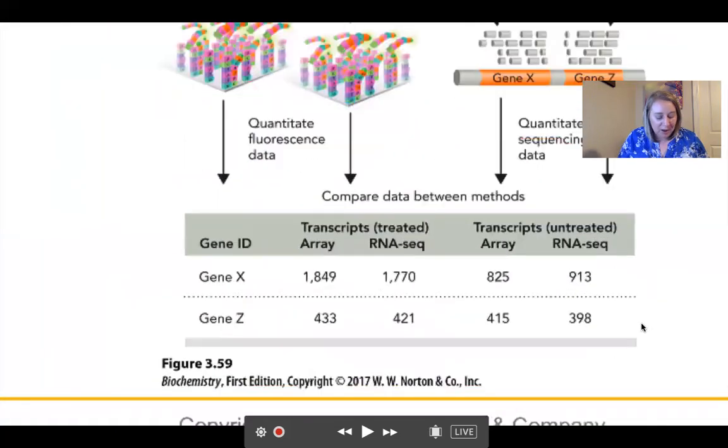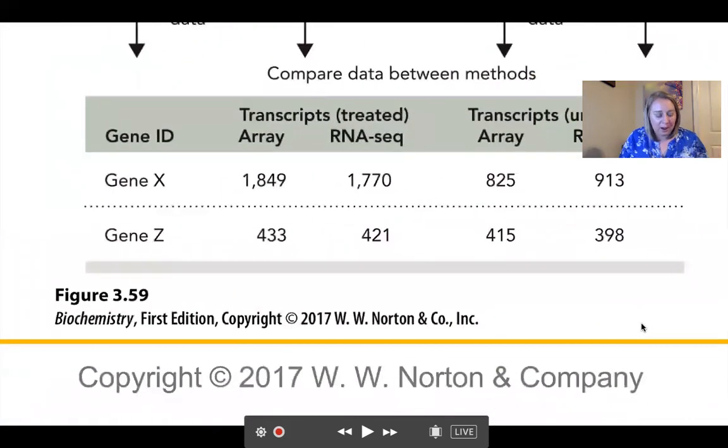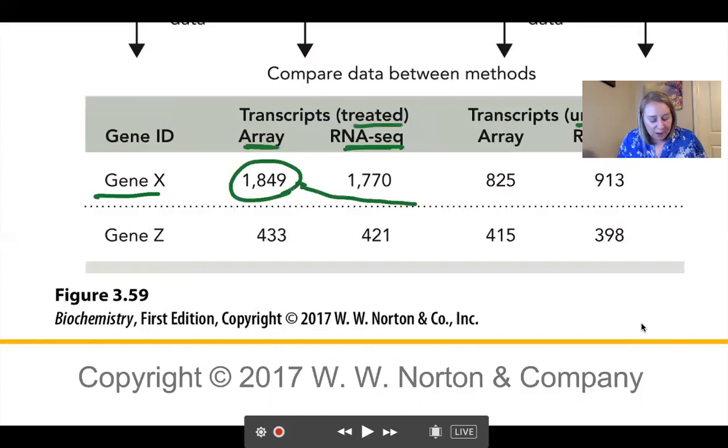Because, and I'll just look at the end data, right? We have 2 genes, gene X, and we have two different ways that we're assaying them, with the array and with the RNA sequencing. And so we have our treated versus our untreated. So if we look at gene X, what we can see is that when we go from treated to untreated, our number of gene copies went down, or you go from untreated to treated and it goes up, however you want to think about it.